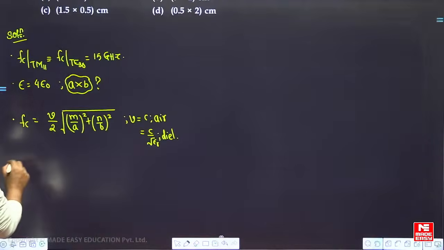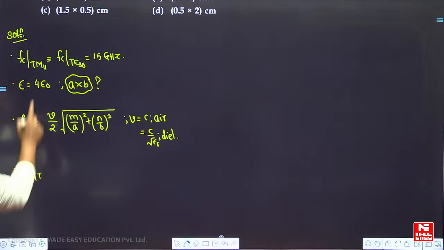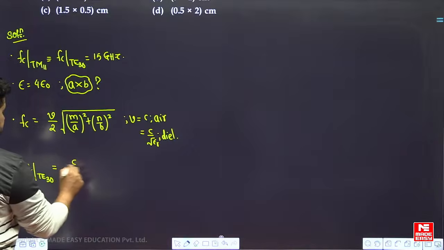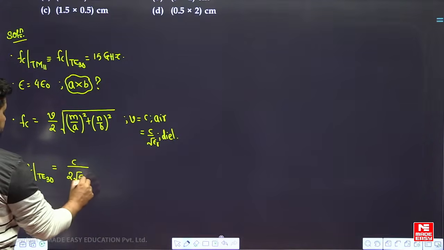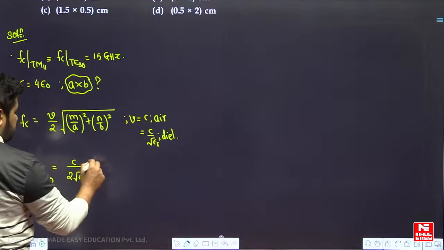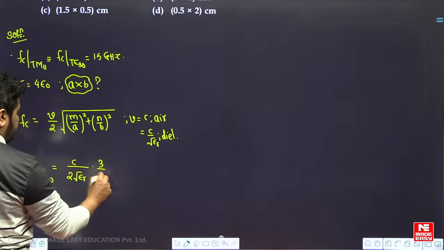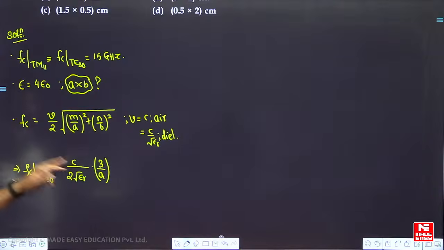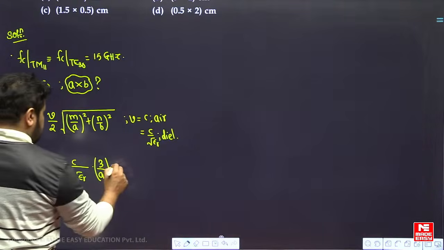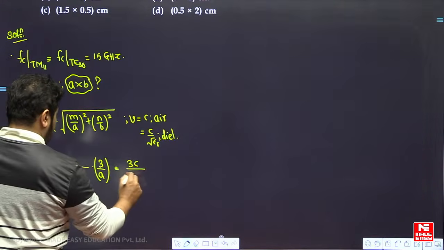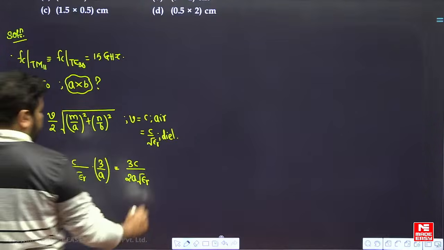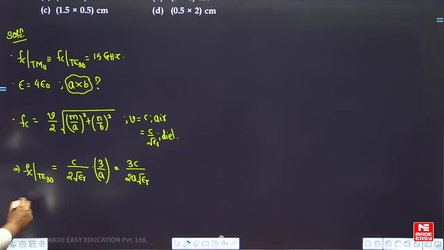Fine. Okay, so here let us find the cutoff frequency of TE30, because we will get one dimension out of here. So this will become C upon 2 root under epsilon R. Here M will become 3 and N will become 0, so it becomes only 3 upon A. So this is nothing but 3C upon 2A root under epsilon R. From here I can get the value of A, right.